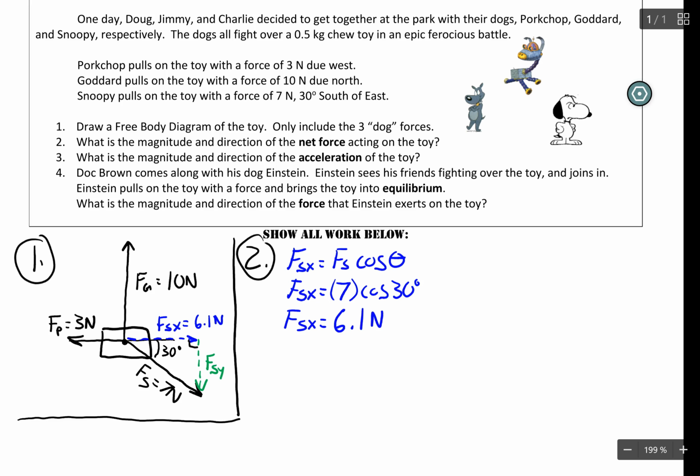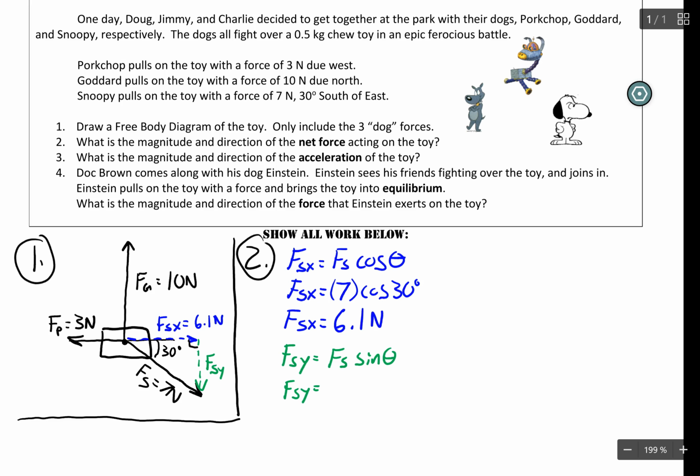Now for Fsy, the force of Snoopy in the y direction, we'll use the shortcut again: Fs sine theta. Again, because Fsy is opposite the 30-degree angle, we'll use the hypotenuse here. We could use the Pythagorean theorem since we have the other leg too, but I like to use the information they give us so we're not relying on the rounded data, 6.1.